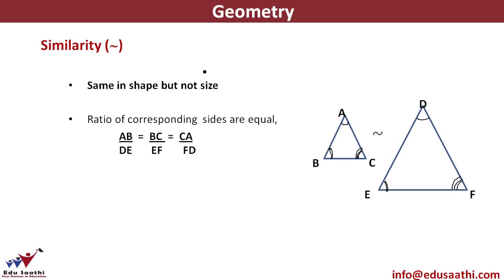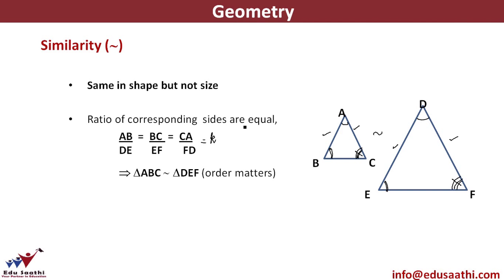That means AB over DE, which is the side opposite to angle C and angle F, the two angles which are equal, is equal to the ratio of the side opposite to angle A and D. BC over EF is equal to the ratio of the side opposite to the third angle being equal. It is CA and FD. All the three ratios are equal to another constant K.